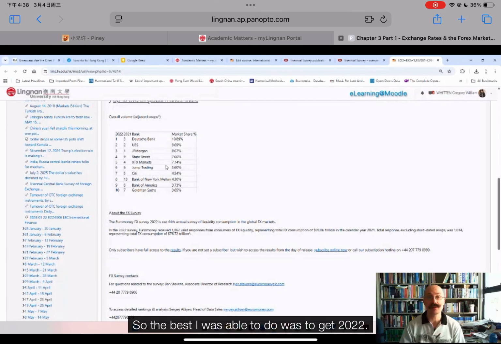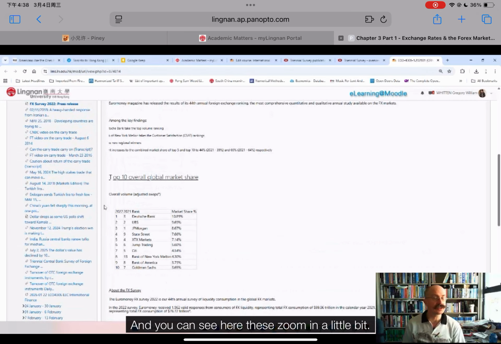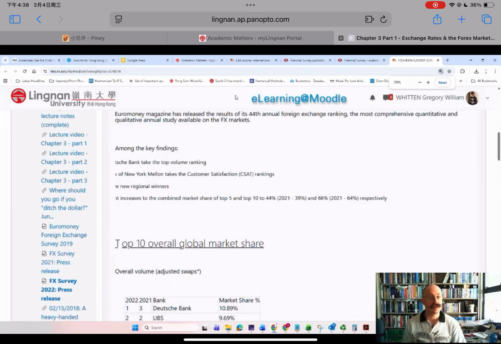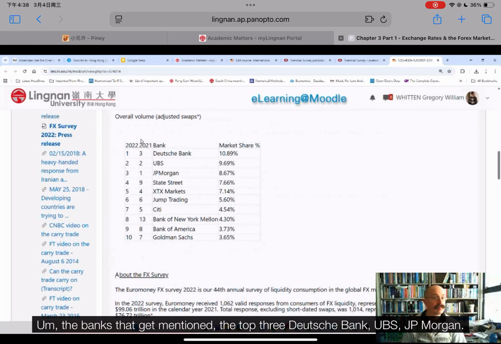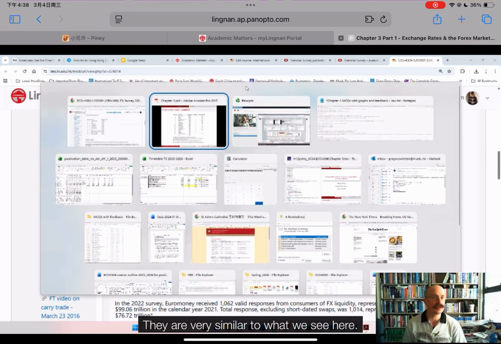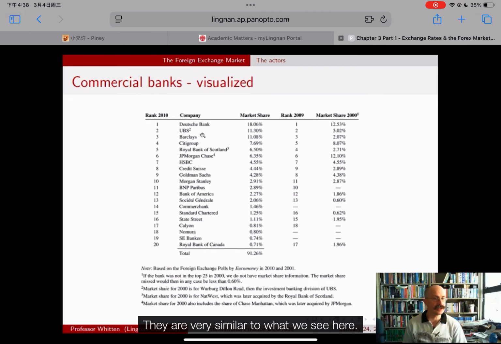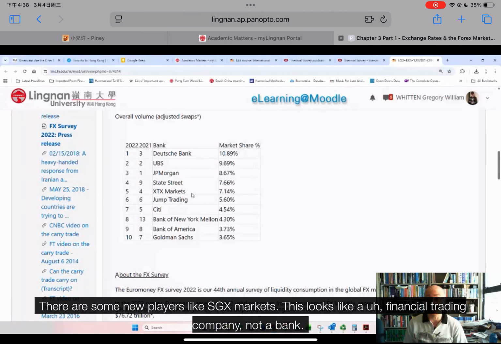So the best I was able to do was to get 2022. And you can see here, let me zoom in a little bit, the banks that get mentioned, the top three, Deutsche Bank, UBS, JP Morgan, are very similar to what we see here. There are some new players like XTX Markets. This looks like a financial trading company, not a bank.